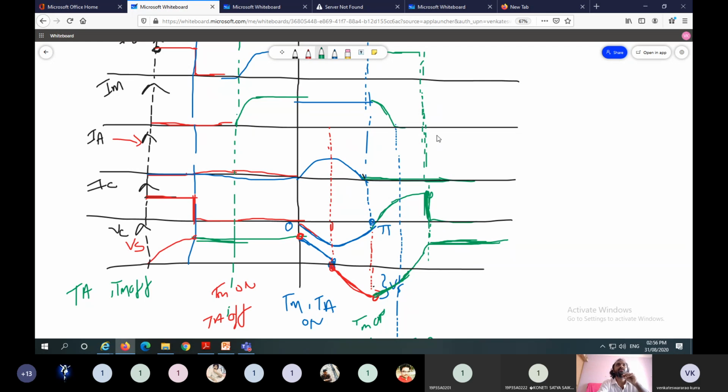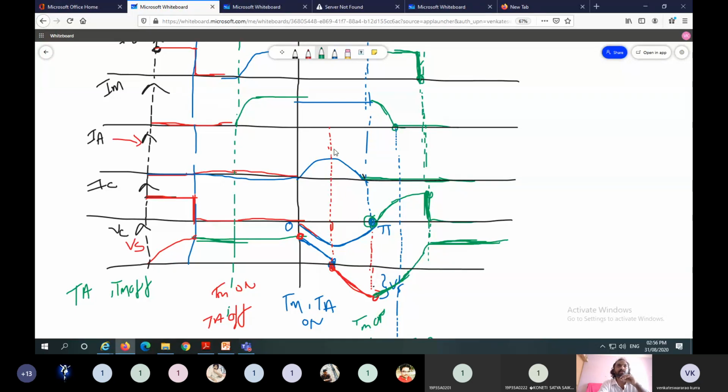This one is this one, and the anode current, the main thyristor current, is also 0, and the load current becomes 0 at this point. So there is no current flow after this point. So the main thyristor is turned off at this point. The auxiliary thyristor is turned off at this point.